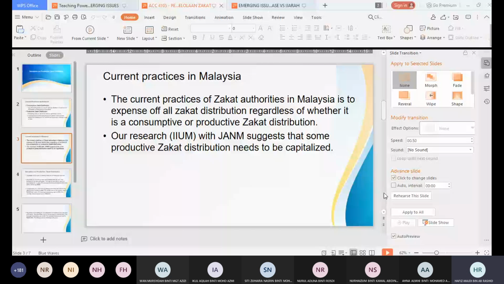So when the Islamic Religious Council receives wakaf asset, what is their entry in the statement of financial position or the balance sheet or their financial statement? Can you think, when they receive wakaf asset, what would be the entry in the accounting treatment? Anybody want to try?